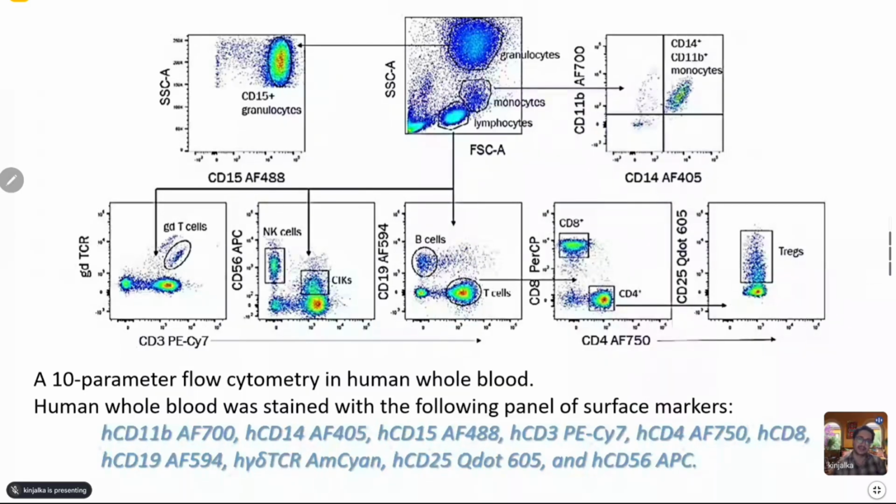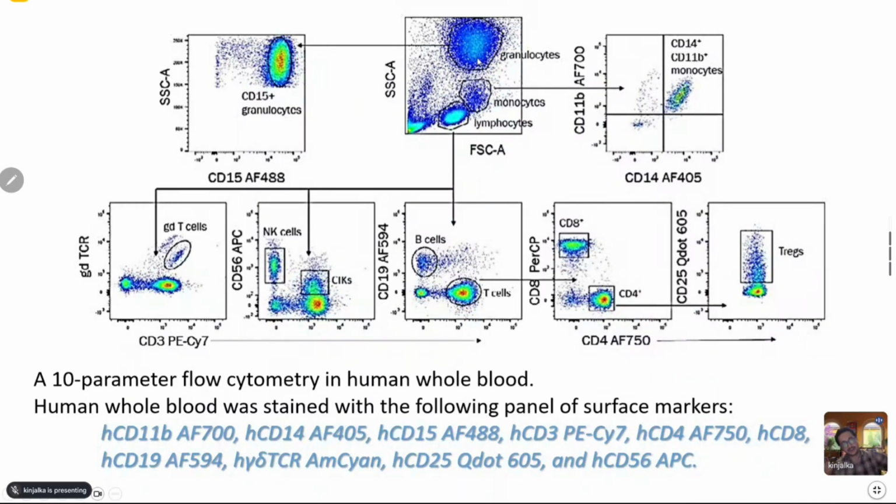When you look at this picture, you'll see that for the granulocytes, the side scatter is maximum, whereas for the lymphocytes, the side scatter is minimum. But the forward scatter depends on the dimensions and size of the cells; the monocytes and granulocytes are bigger cells.